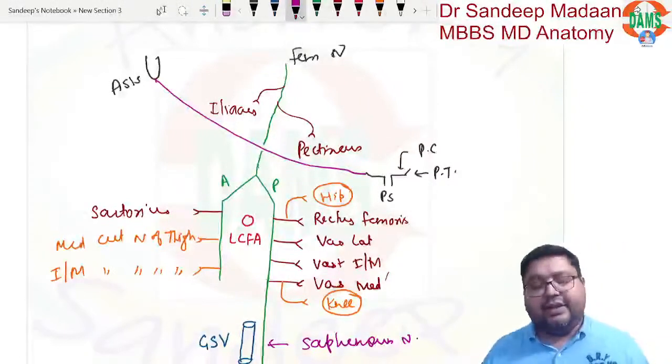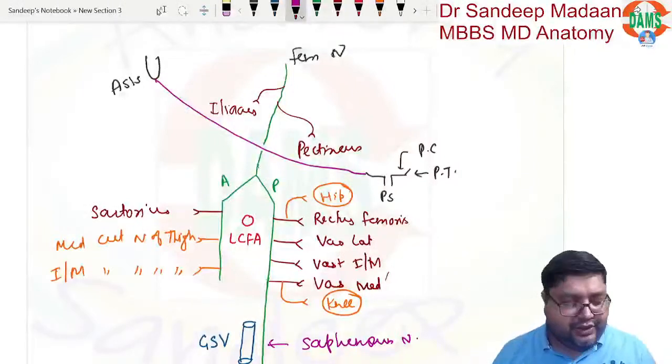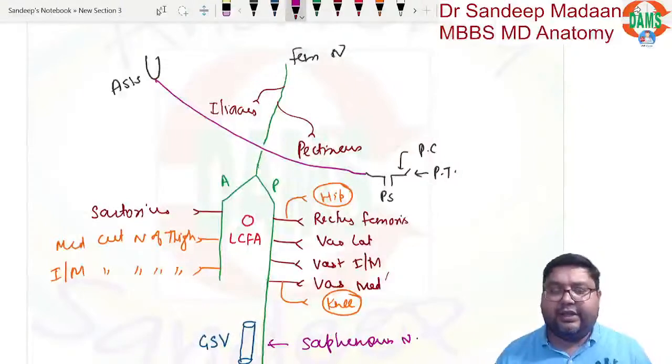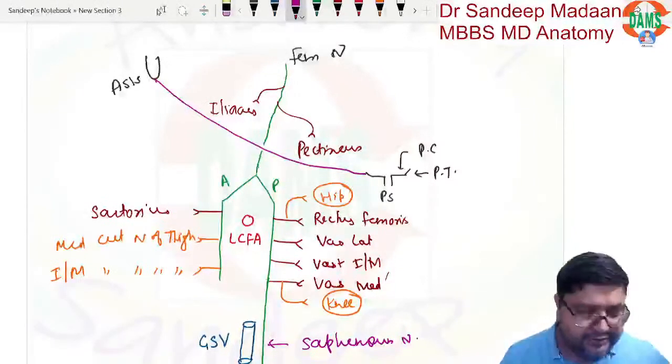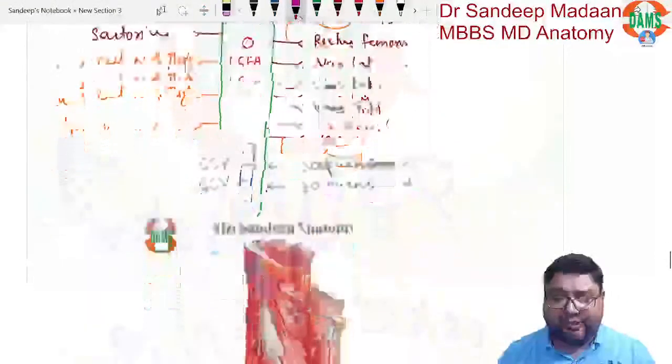So the saphenous nerve is nothing but the continuation of the posterior division of the femoral nerve, which accompanies the great saphenous vein. So if you do any venesection or any surgical involvement of the great saphenous vein, the saphenous nerve will be involved. So far so good. So that is about the femoral nerve.